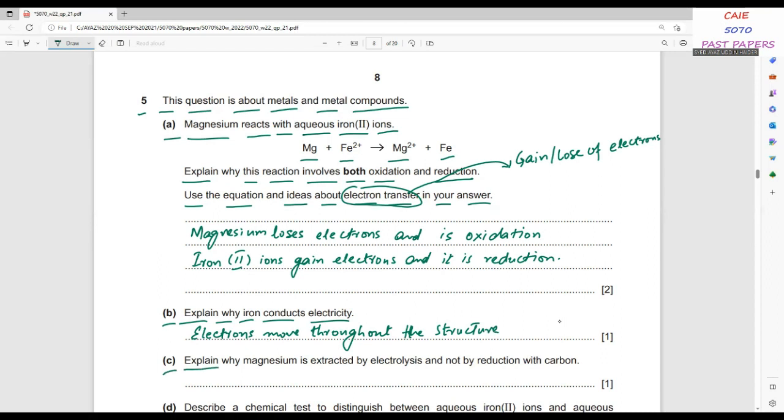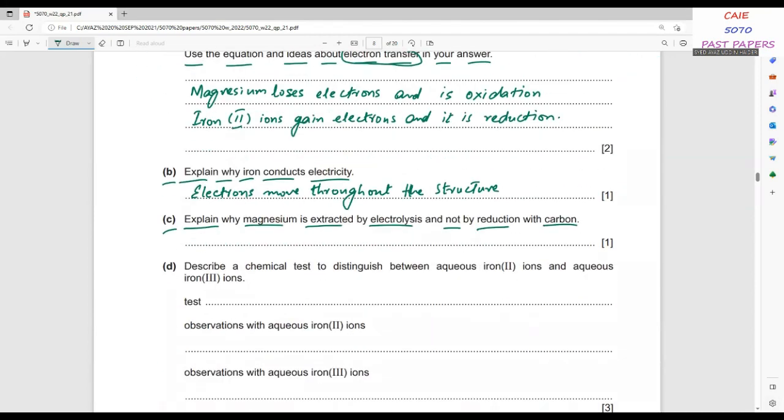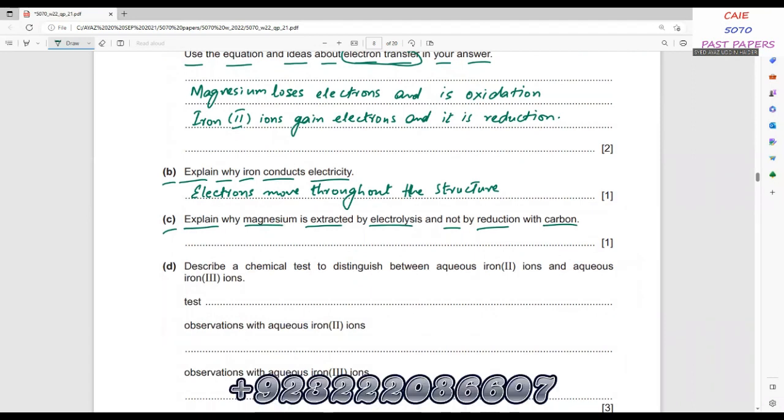C. Explain why magnesium is extracted by electrolysis and not by reduction with carbon. So the electrolytic method is preferred when the metal is highly reactive. So you write it's highly reactive.